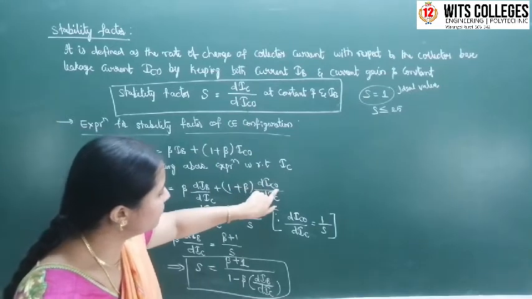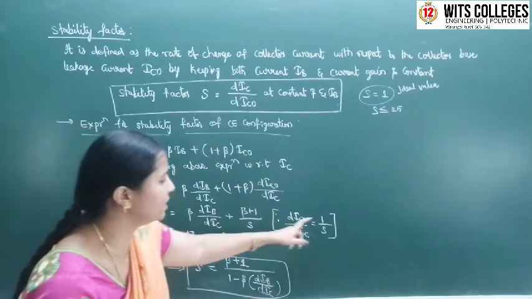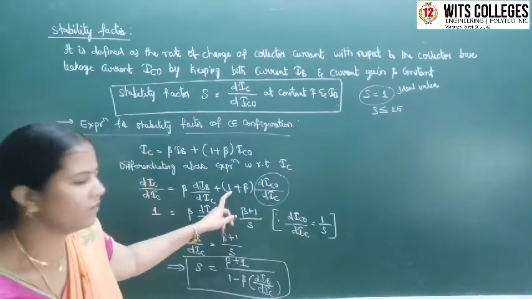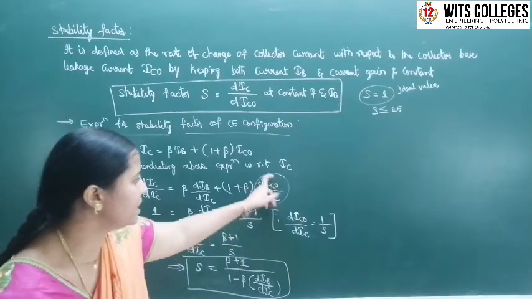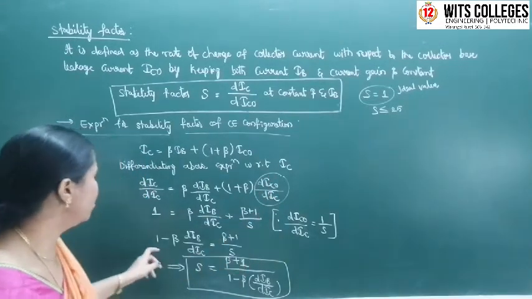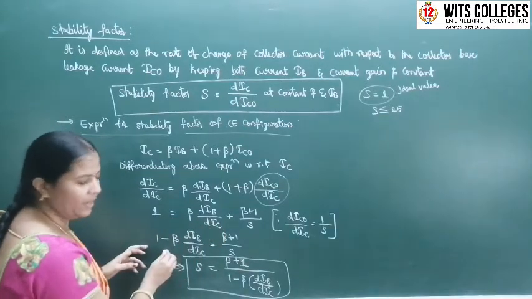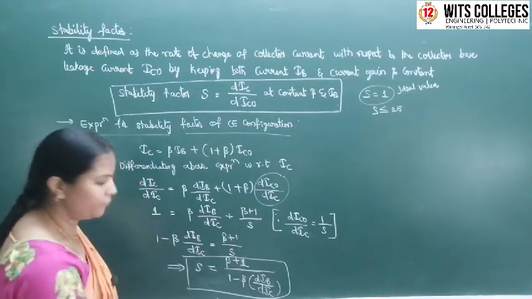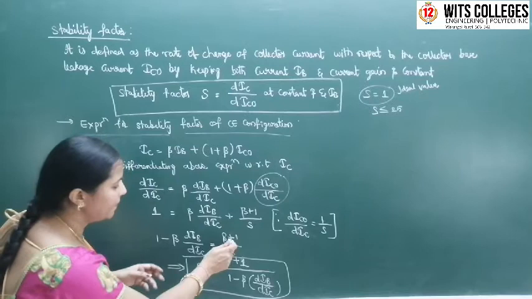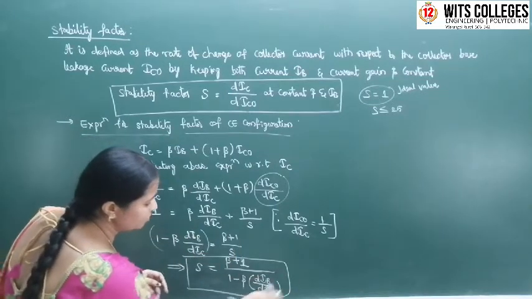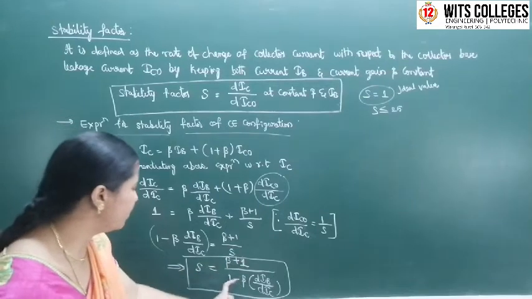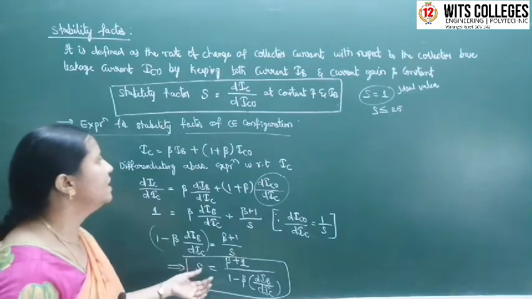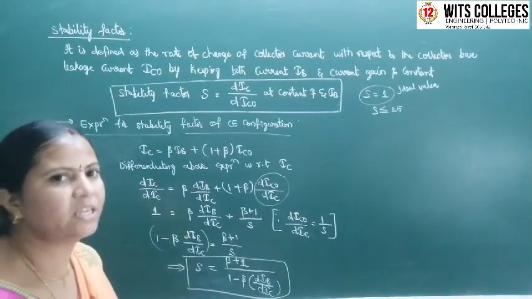Here you got dICO by dIC, which is the reciprocal of S, nothing but 1 by S. That means in place of this you can write 1 by S, so I am writing here (1 plus beta) by S. If you take the value to the LHS, 1 minus beta into dIB by dIC equal to (beta plus 1) by S. So S equal to beta plus 1, and this value goes into the denominator: S equal to (beta plus 1) divided by (1 minus beta into dIB by dIC). So this is the expression for stability factor of CE configuration.